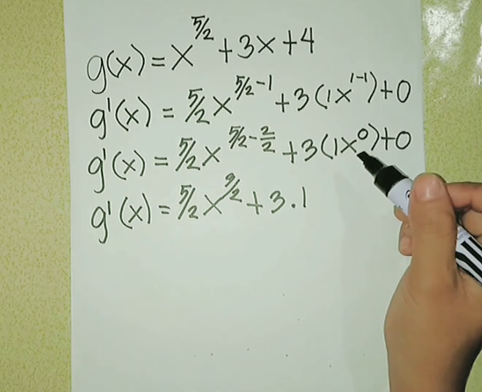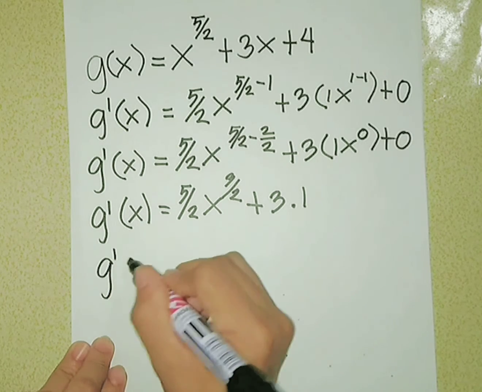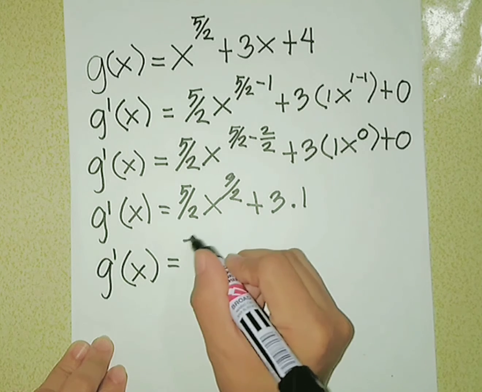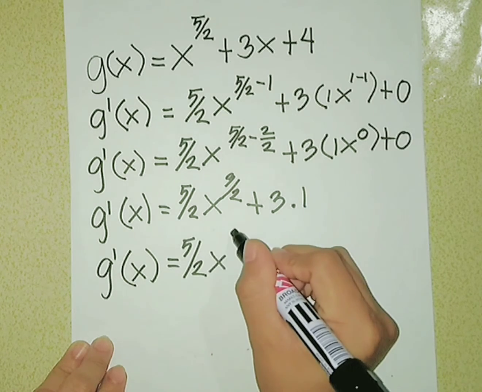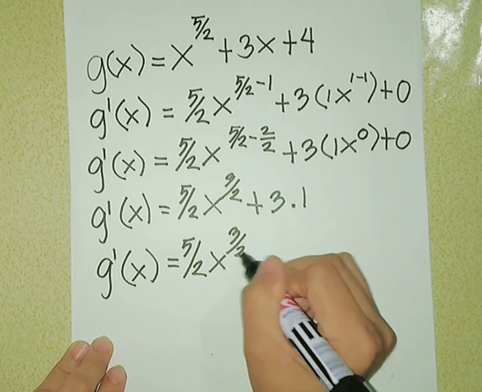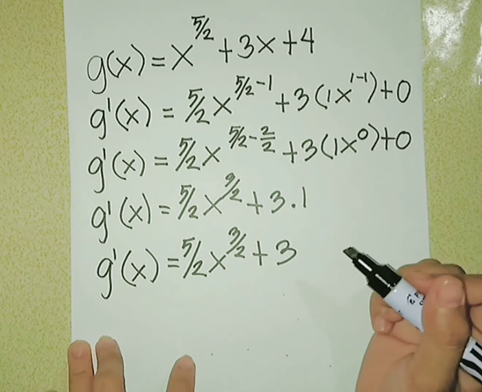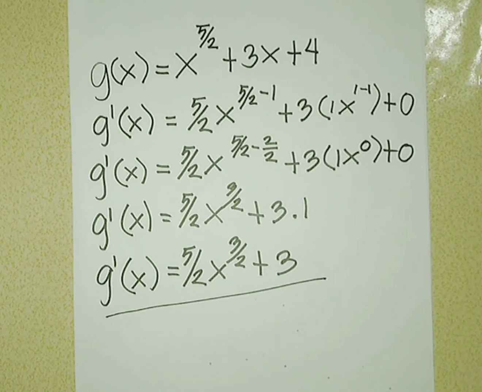So our answer is g prime of x equals 5 over 2 x raised to the power of 3 over 2 plus 3. So this is our answer, and that is the power rule.